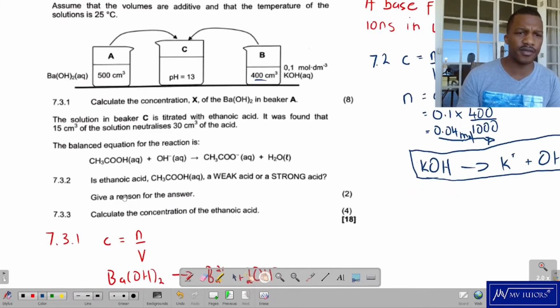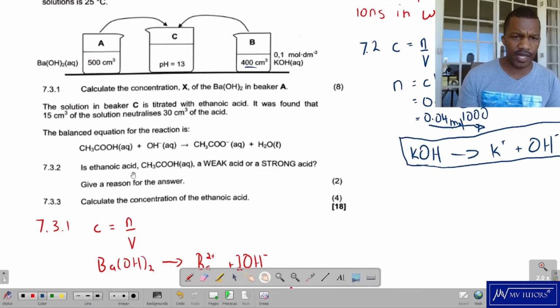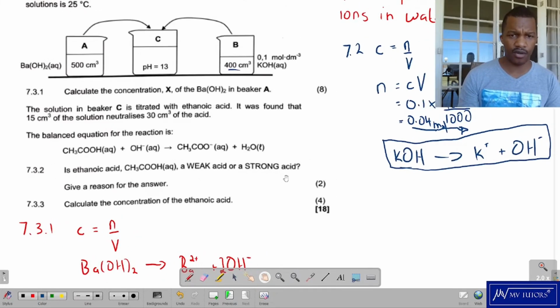Anyway, let's move on. Now it says, is ethanoic acid a weak or a strong acid? Well, you should know this from theory. It's a weak acid. And why is it weak?